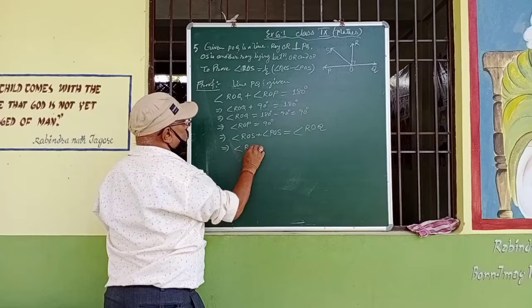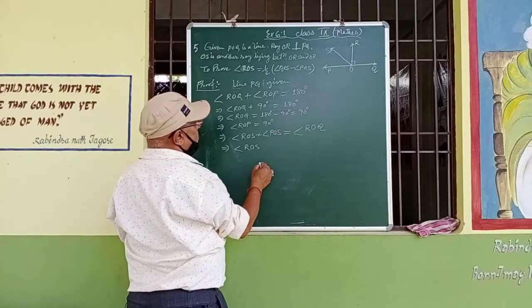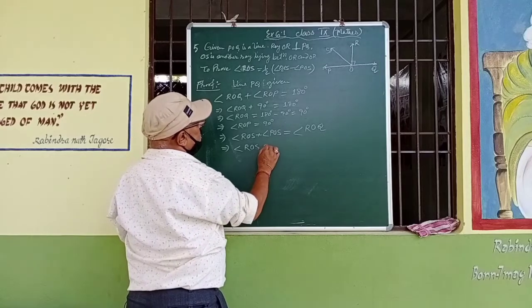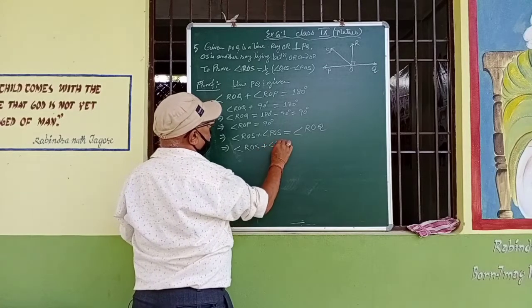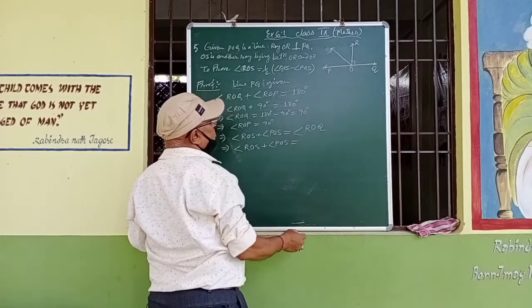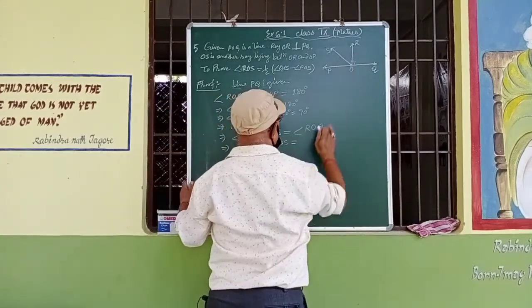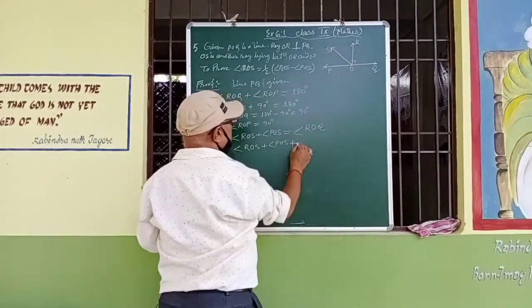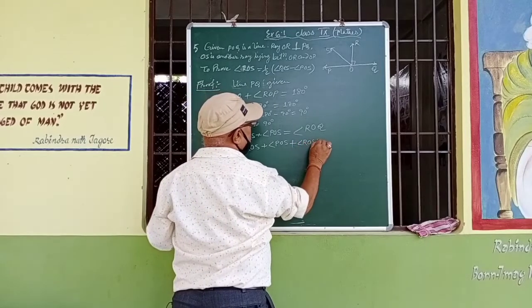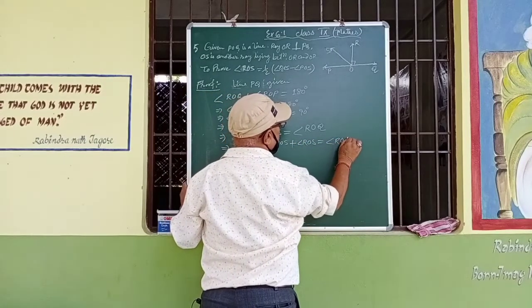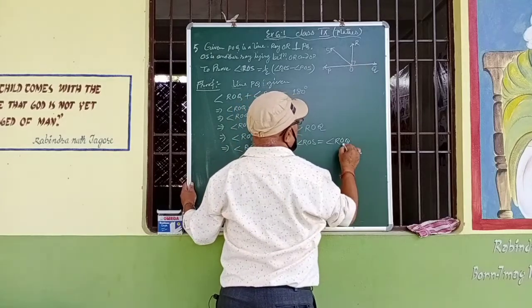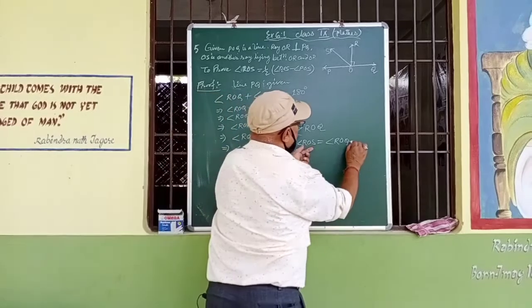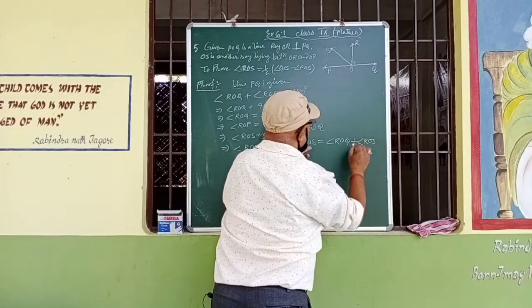Again we can write ROS plus POS is equal to ROQ, and we add here ROS, again we add here ROS, then both will be equal.